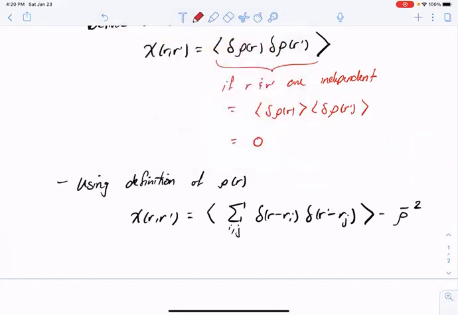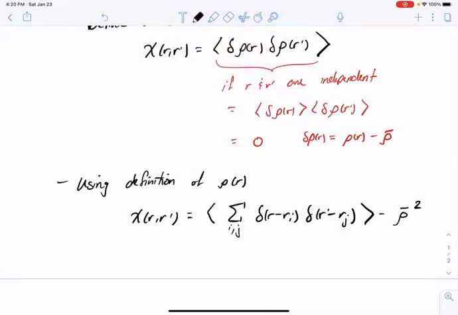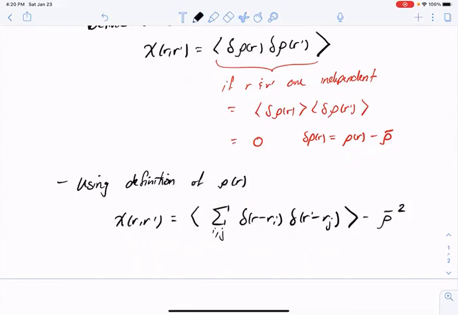Worth noting that we define this, as we did last lecture, as the density less its average. Okay, now that is a way of evaluating that chi from the definition of rho. We can go a little bit further.